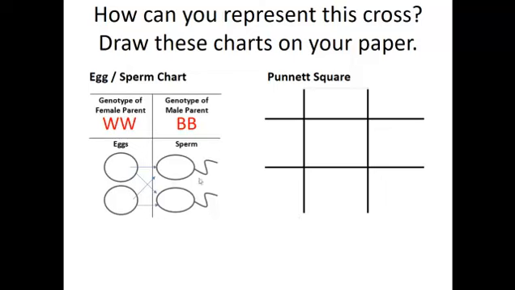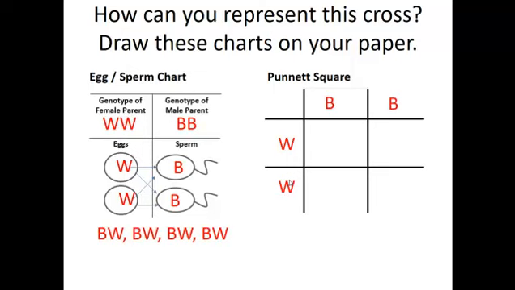So if we know that our white female parent is a big W, and our male parent is a big B, we know all that she can make in terms of eggs are a big W and a big W. And all this male parent can make in terms of sperm are a big B and a big B. And when they come together, the big W and the big W come together with the big B and big B, all we can get are big B, big W's.